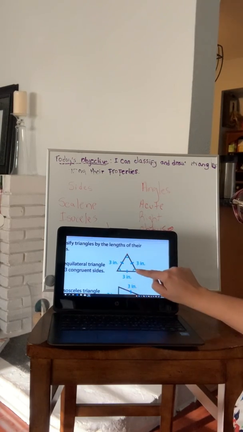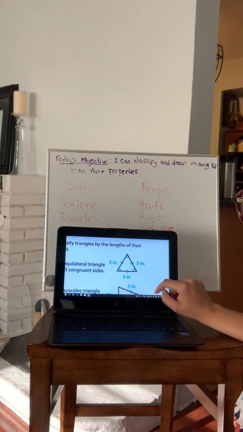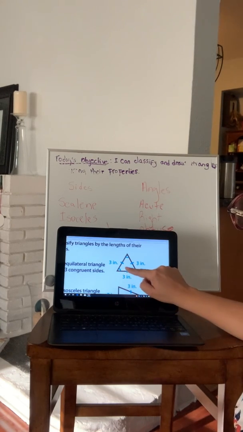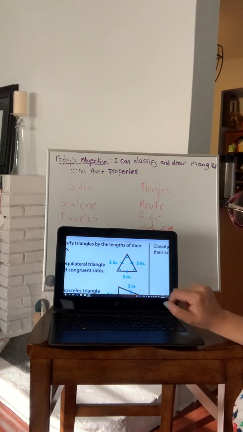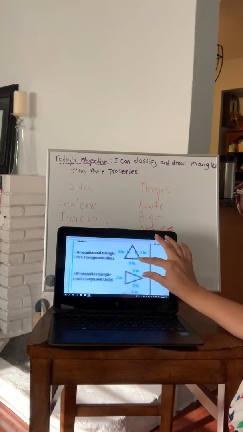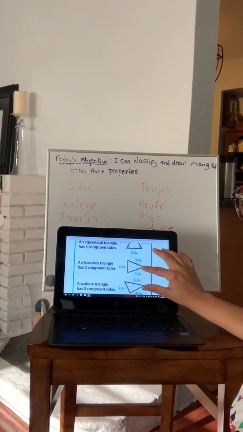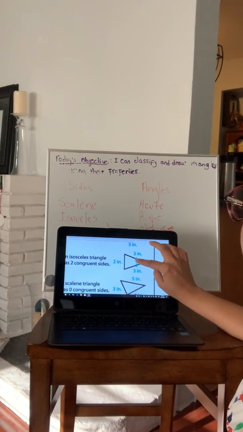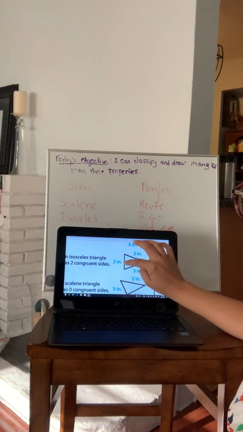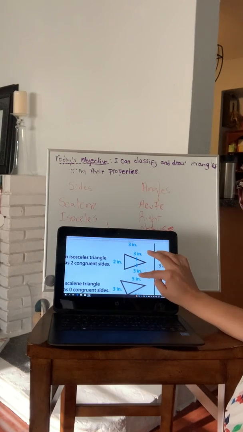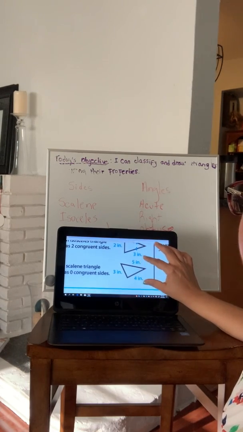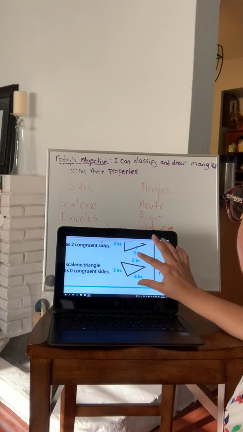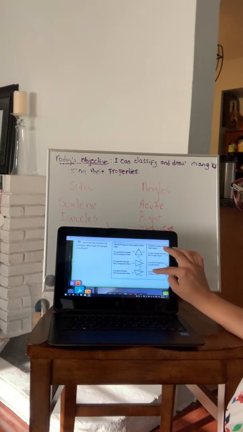Three inches, three inches, three inches right here. That's equilateral, okay? See the little tick marks showing that they're the same. Now for the isosceles triangle, like I just told you, you have two congruent sides. This one and that one are the same, and this one's not. And then for the scalene triangle, none of the sides are the same, okay?